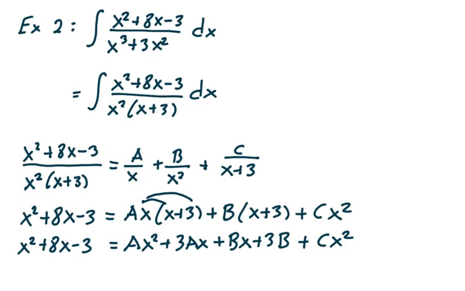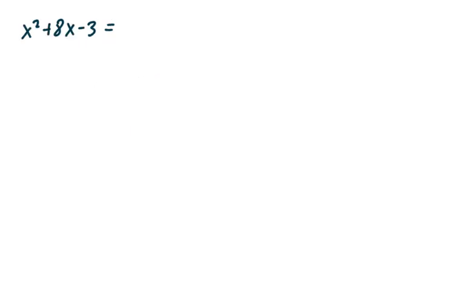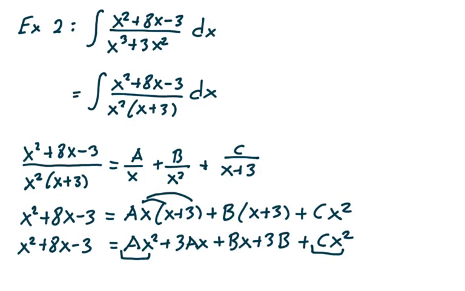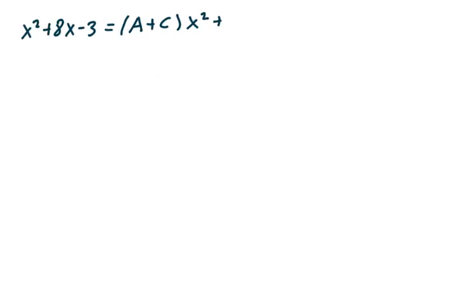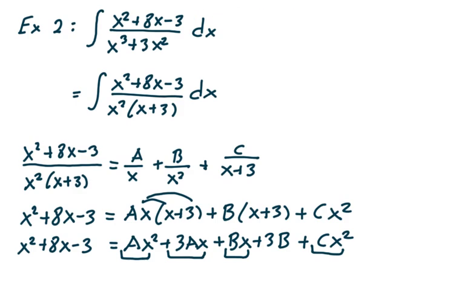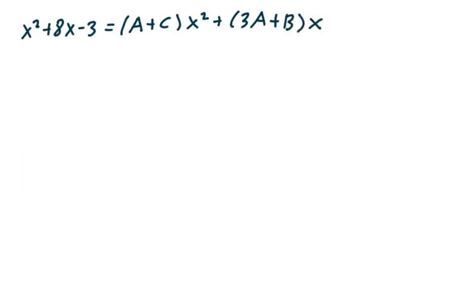So x squared plus 8x minus 3. And then what I want to do is collect the x squareds together, okay? And then what I get is (A plus C) times x squared. And then I'm going to collect the x terms and factor out the x. And so I get plus (3A plus B) multiplied by x. And then I get plus 3B.